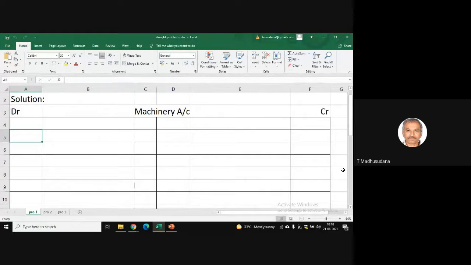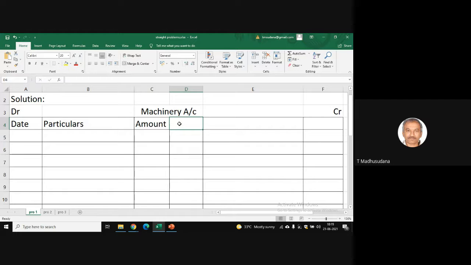Take the pro forma of the machinery account: debit side, date, particulars, amount; next credit side, date, particulars, amount.